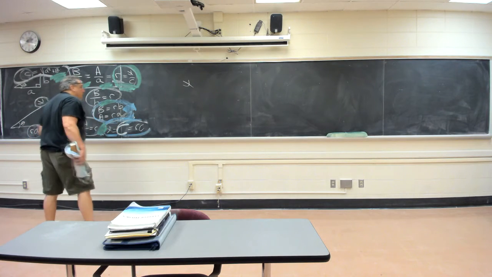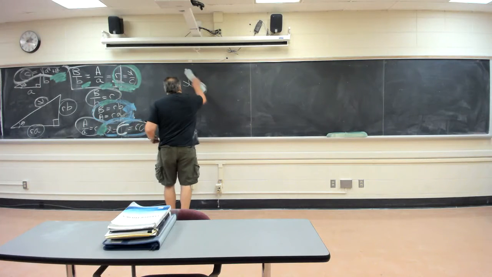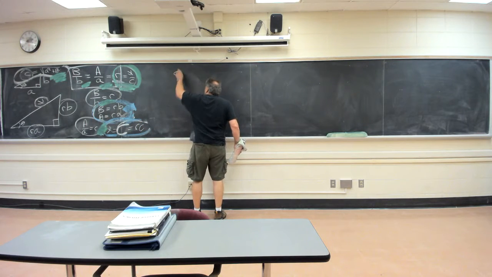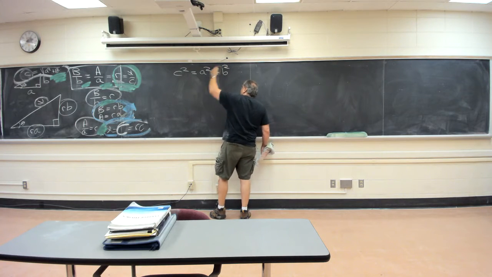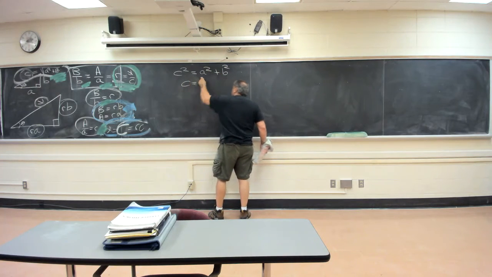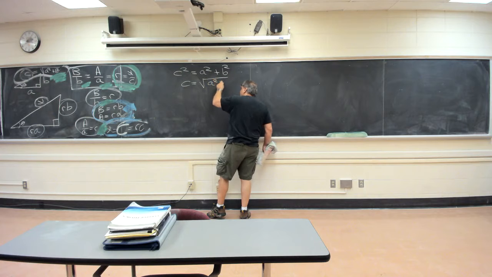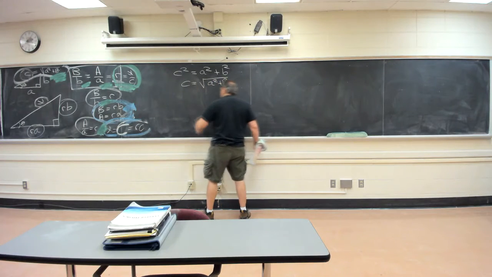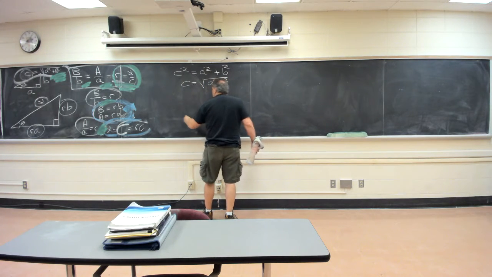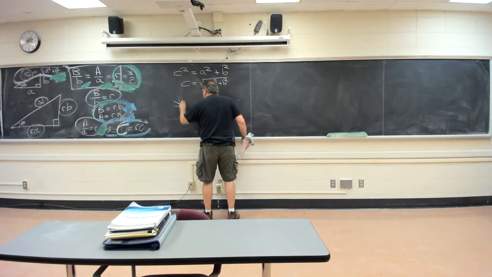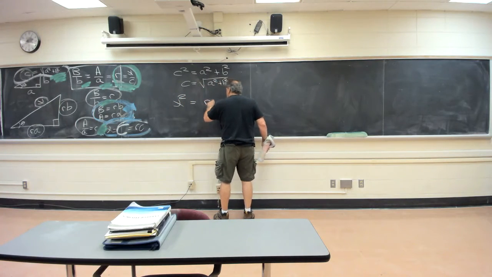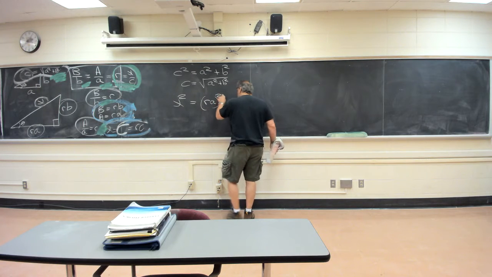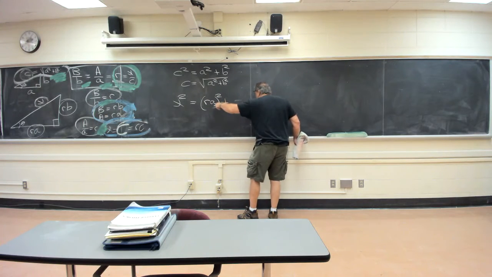Well, play the game. General format is this. Now just put everyone in their roles. X is the new C. R A is the new A. The whole thing is being squared.